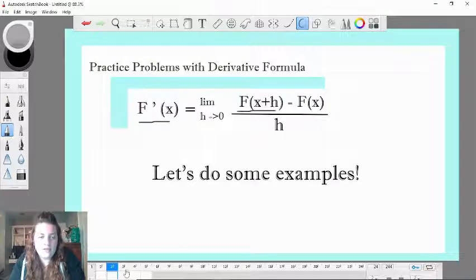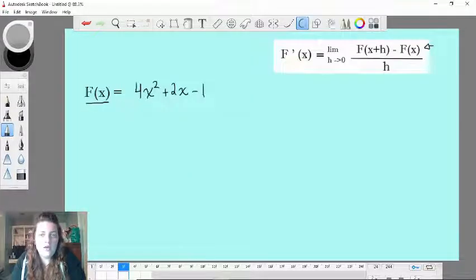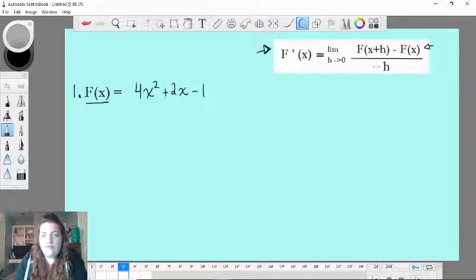So let's do some quick examples. Formula is up here, so you can always have access to it. So our first function, example number 1, is f of x equals 4x squared plus 2x minus 1. So that's your f of x in this formula here.